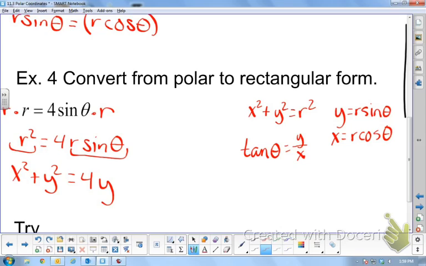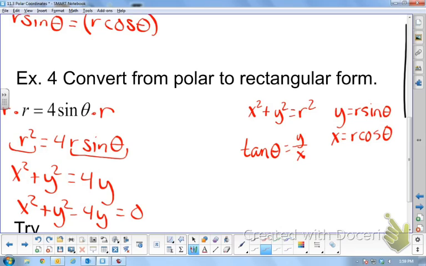Now again, we can't isolate y. We can't just say y equals blah. So usually on an equation like this, they'll end up with a constant on the right, all the variables on the left. So x squared plus y squared minus 4y equals 0.